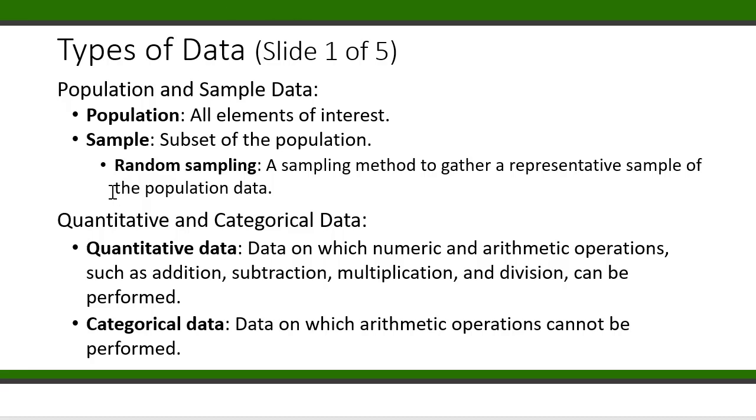The next thing to know is the difference between quantitative and categorical data. Quantitative data is anything that has a number or that you can do a mathematical operation on. Categorical data is data on which you can't do a mathematical operation.